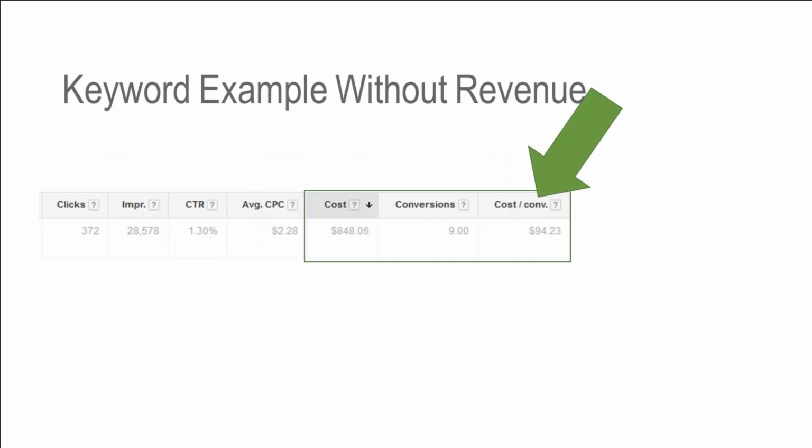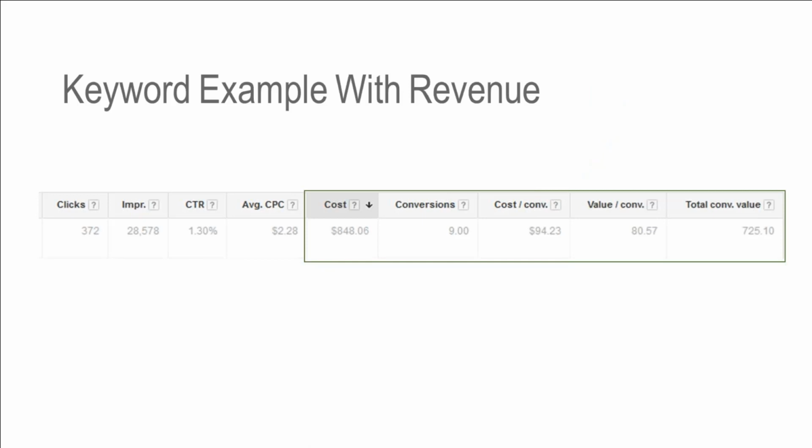So here's what AdWords will show you when you don't have revenue data. At the keyword level, you can see the cost and all the metrics I'm sure you're familiar with, cost per click, click-through rate. But highlighted here is the cost. We've got the conversions, 9 here, and cost per conversion of $94. And we knew, based on talking with the client, that on average, if they were getting quote requests for under $100, everything was great.